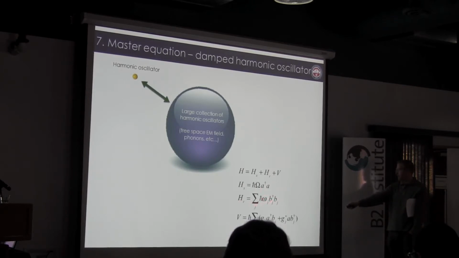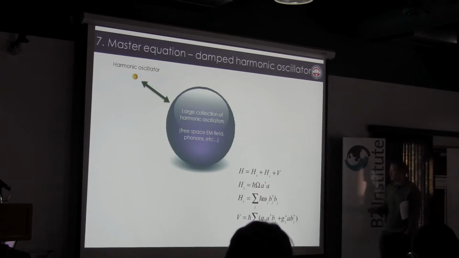This is the broadband assumption, that these omega j's will vary from very large to very small relative to this system frequency capital omega. And then the interaction Hamiltonian, which is a form that kind of makes sense.